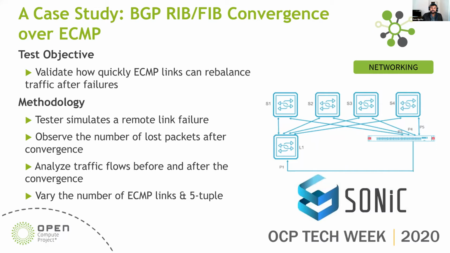Specifically, the emulated switches will advertise BGP routes corresponding to downstream servers. The emulated server will then send traffic over those advertised routes to the ToR switches. The tester will then measure the distribution of the flows prior to and subsequent to a failure event, which is a link down event. And finally, the tester will also measure the amount of time for convergence to occur after the failure event.